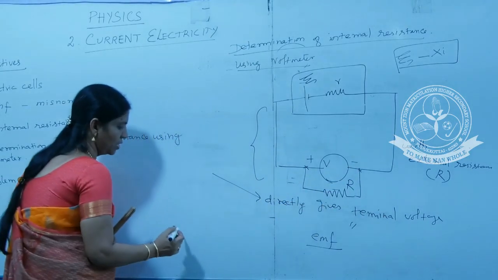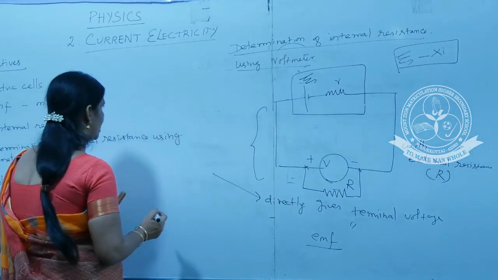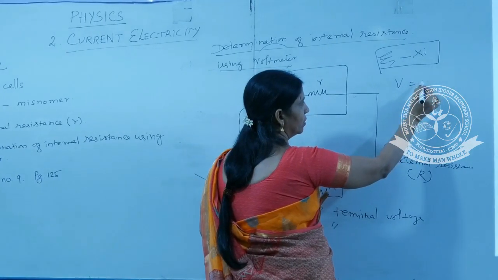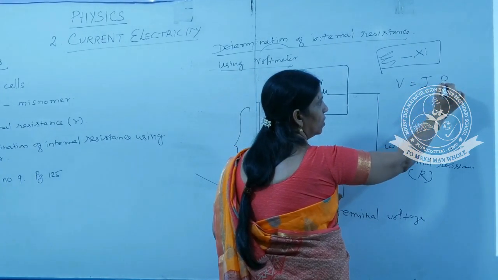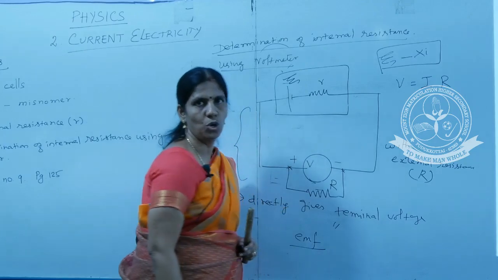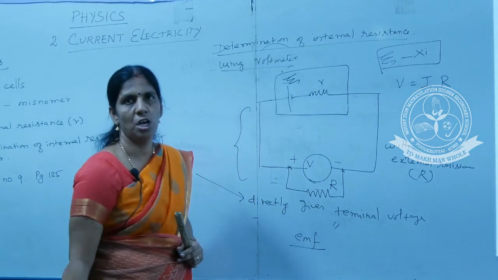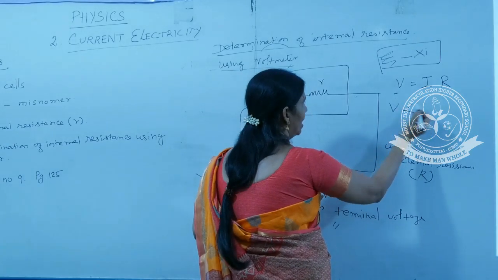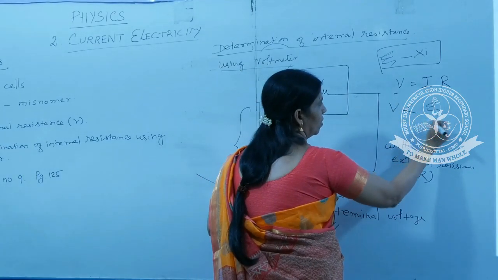Let us take the potential difference across the resistance as capital V equal to capital I into R. We may also observe that this V is less than Xi. What is Xi?